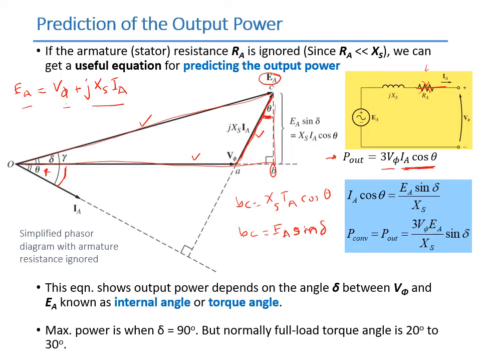Delta is this angle here. Again, if you look at the left hand side, that is delta, which is the angle between EA and V pi.